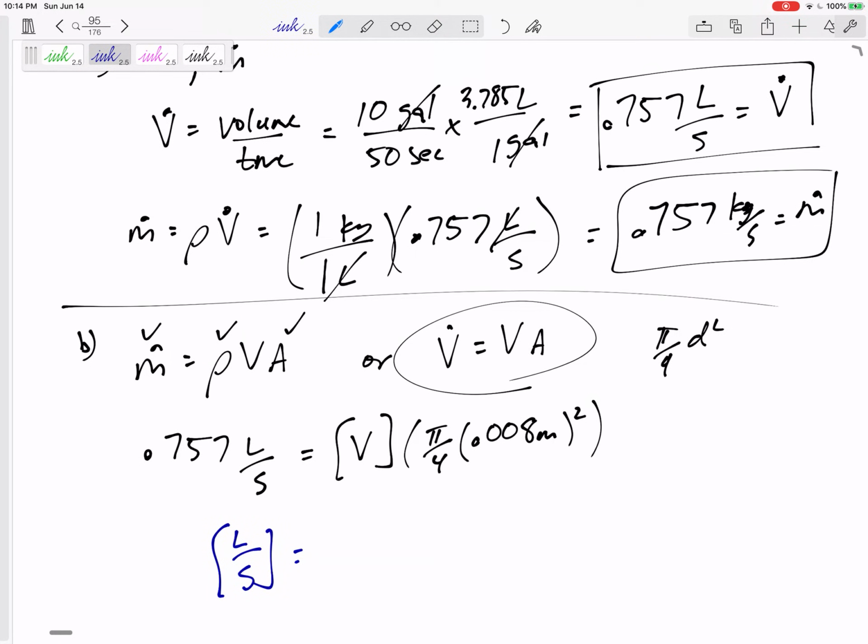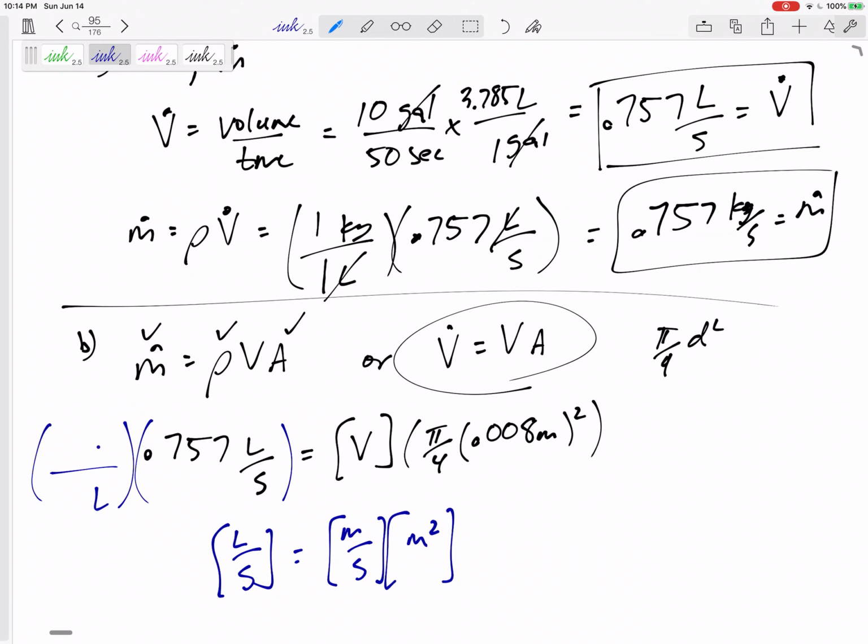On the right-hand side, what's my velocity? Maybe I want meters per second times meters squared. I would have meters cubed per second on the right-hand side. Liters per second on the left-hand side. Doesn't exactly work out. Maybe I should have had my volumetric flow rate in meters cubed per second.